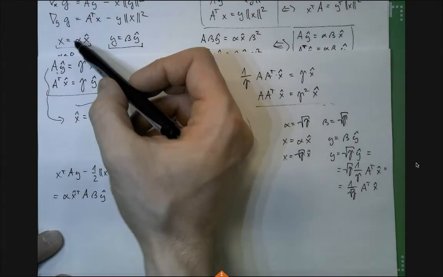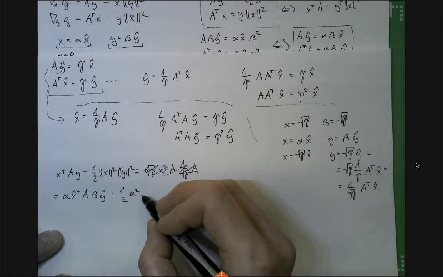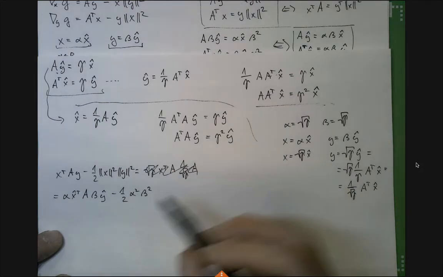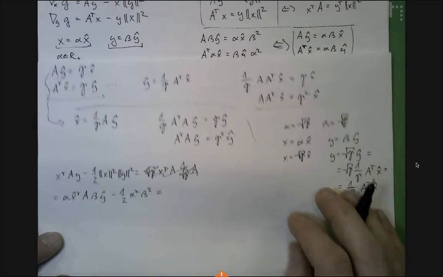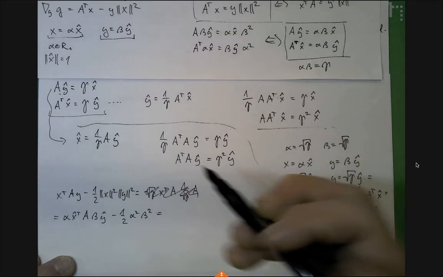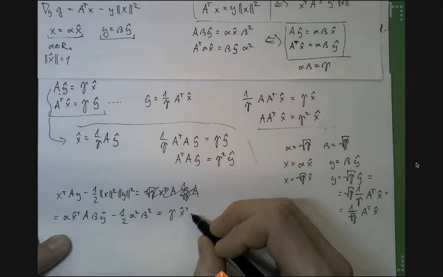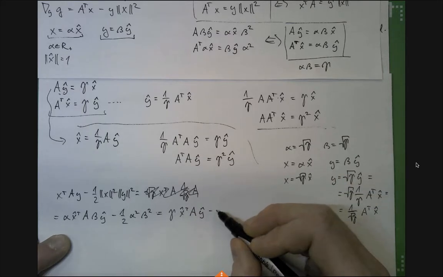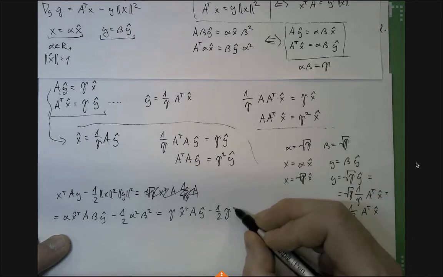In this parameterization, the square norm of x is just alpha squared, and this is just beta squared. Because my gamma is just alpha times beta, this is going to be just gamma times x hat transpose A y hat minus 1/2 of gamma squared.